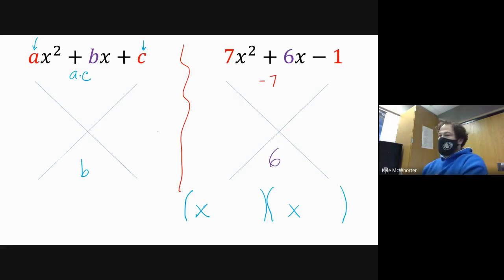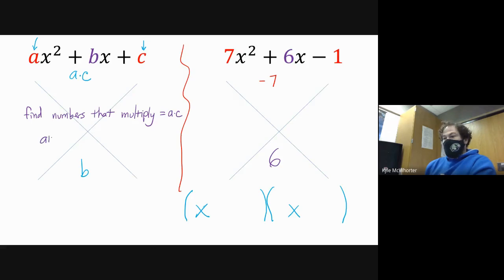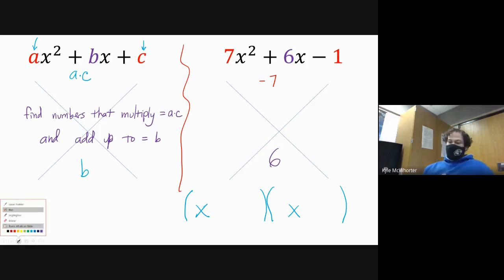So what we have to do right now is on the left and right, we need to find numbers that multiply to equal A times C, and that add up to equal B. So basically, you're going to take the top number and think about what are all the possible ways you could multiply two numbers to get that.